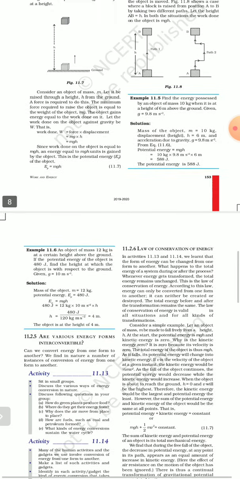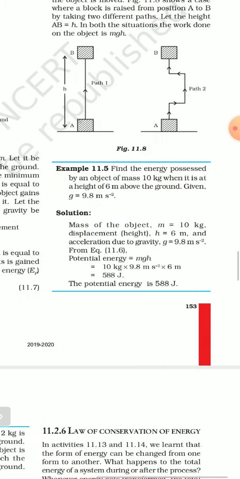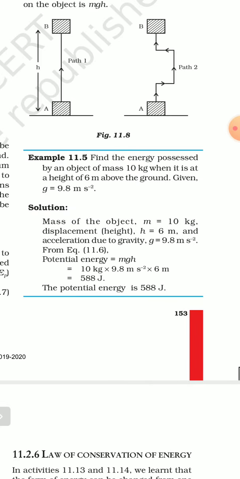Now, in example 11.5: find the energy possessed by an object of mass 10 kilogram when it is at a height of 6 meter above the ground, given g is equal to 9.8 meter per second square. So the mass m is given as 10 kg, the height h is equal to 6 meter, and g is also given.